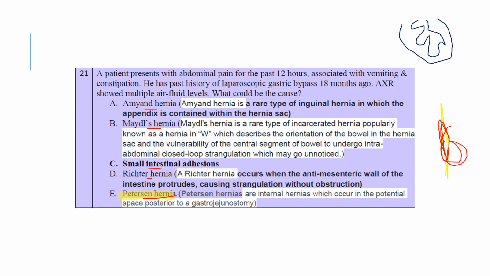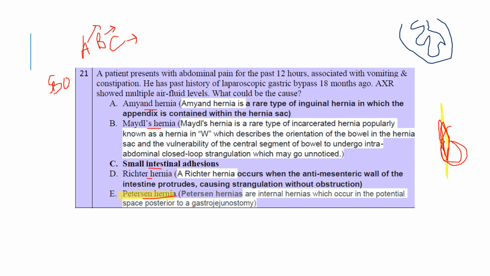And one of the main causes of small bowel obstruction, based on the etiology, the commonest cause is A for adhesions. Small bowel obstruction: A for adhesions, B for bulge, that is some kind of hernia, C for carcinoma.